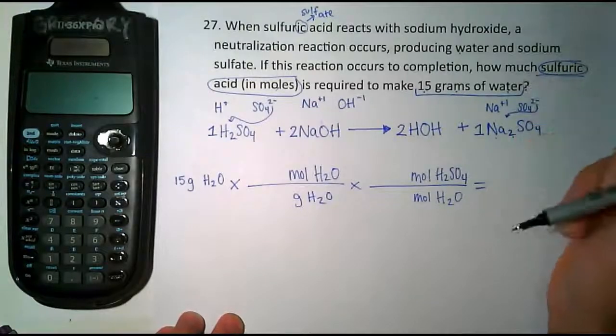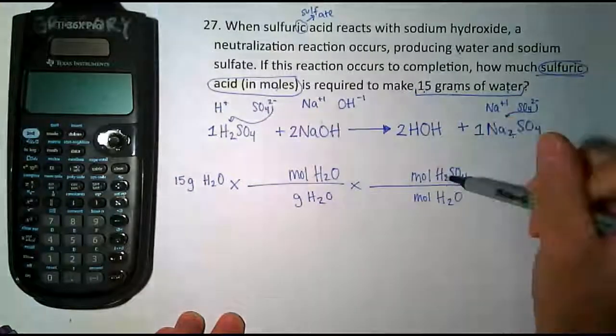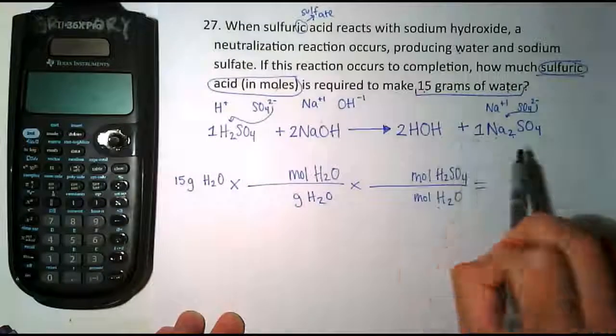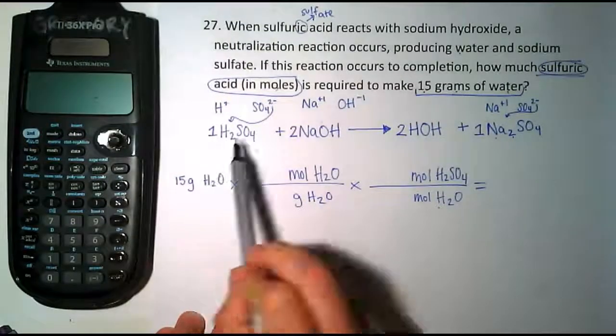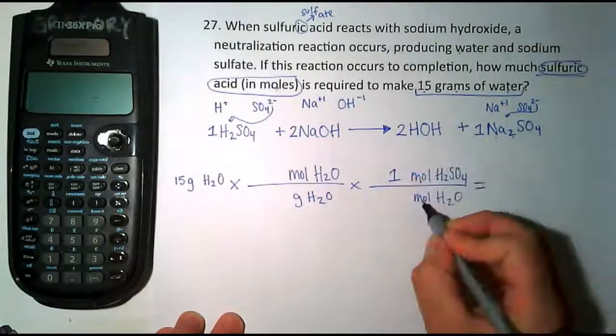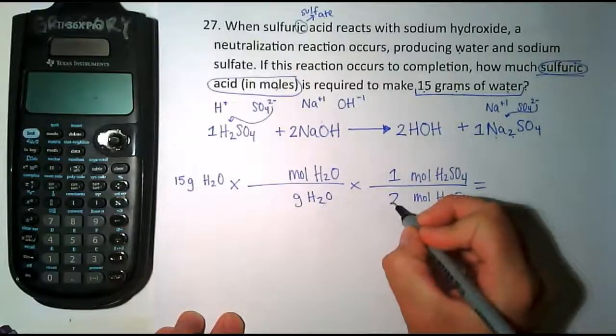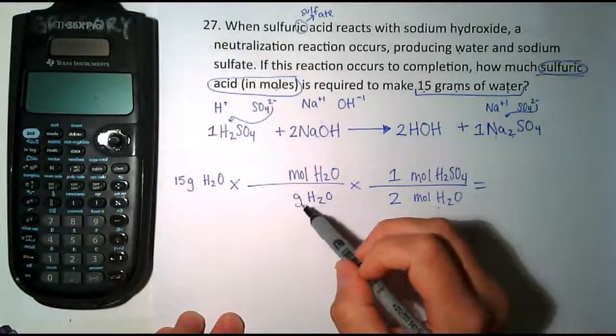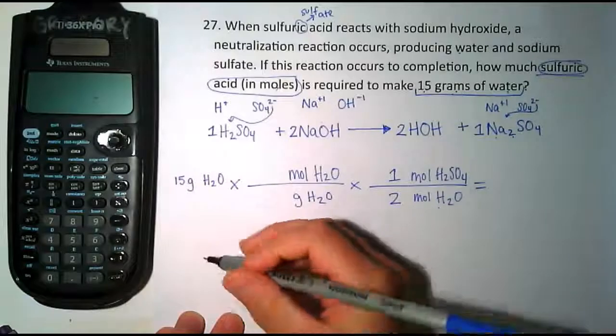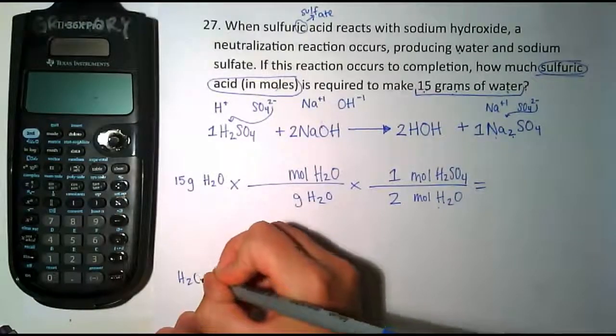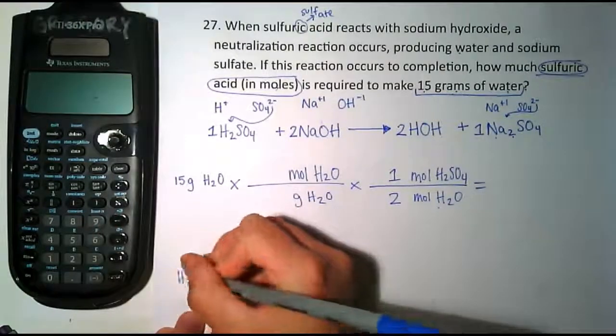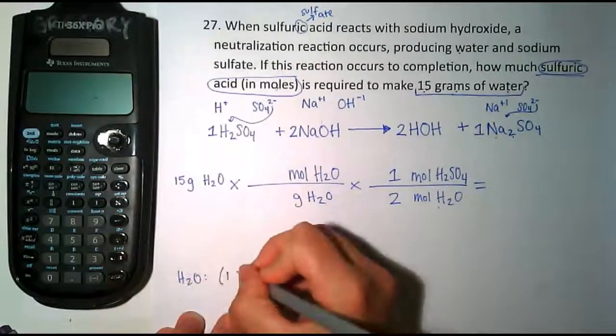So now we just need to get some values here. Our mole to mole ratio comes from our chemical equation. So there's 1 H2SO4, and there's 2 waters. And then to know our gram to mole conversion, we need our molar mass of water. H2O, we have the mass of hydrogen is 1, but we have 2 of them.